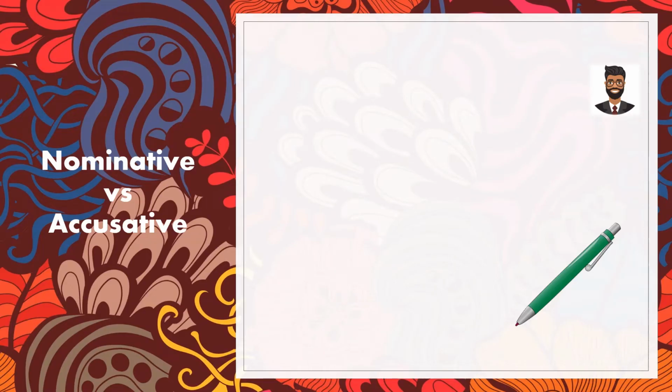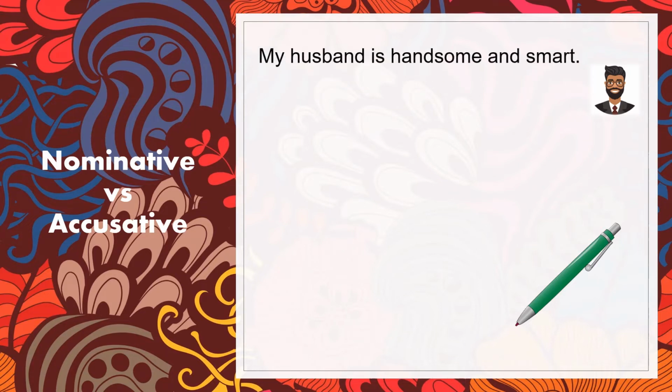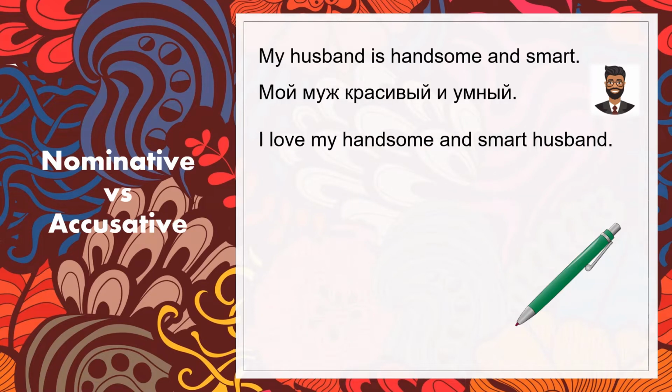We're going to first compare nominative to accusative case. Okay, so nominative is about the subject of a sentence. My husband is handsome and smart. Okay, the husband is the subject of the sentence. So, мой муж красивый и умный. That is nominative. Now, if the sentence was instead, I love my handsome and smart husband.